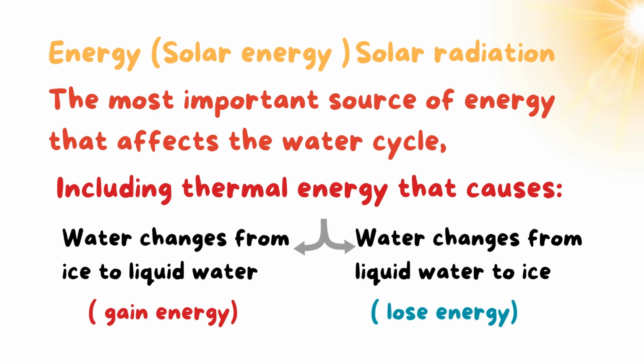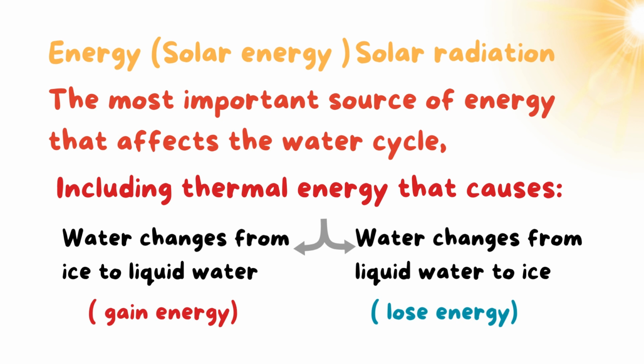And we know that the most important source of energy that affects the water cycle is the solar energy, including thermal energy. That causes what? This heat, thermal energy, causes what? Yes, water changes from ice to liquid as it gains energy. Yes, from solid state to liquid state, so it gains energy.